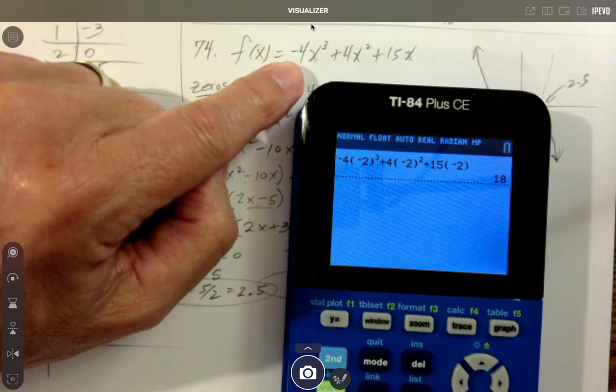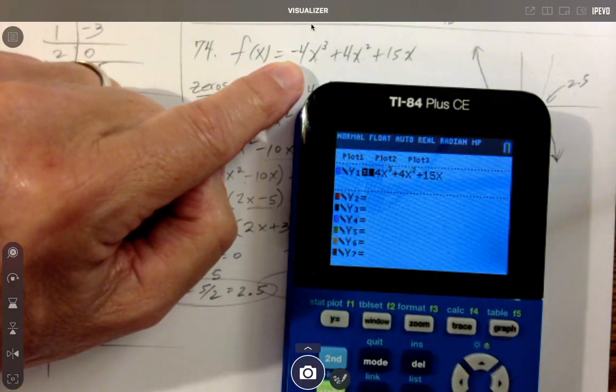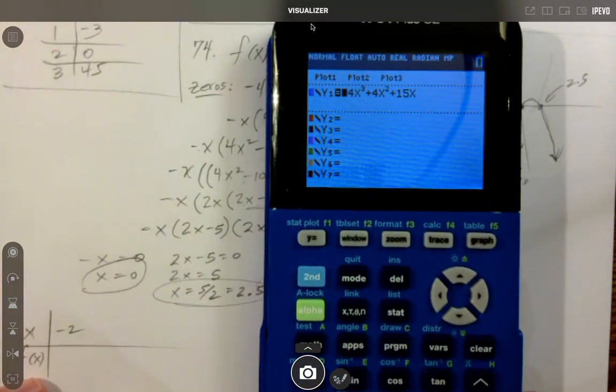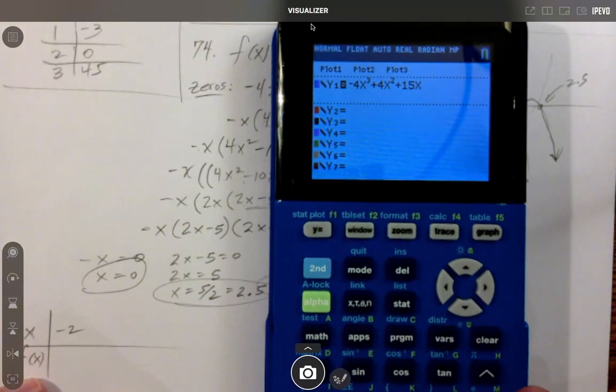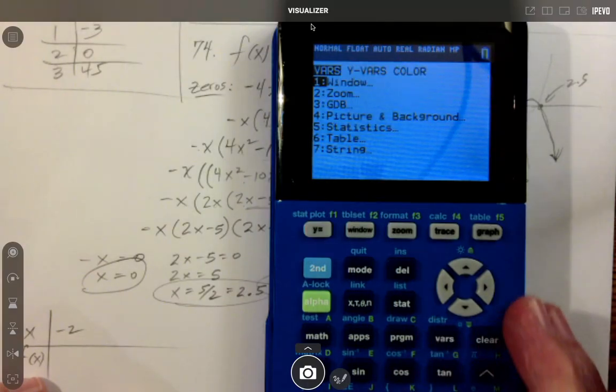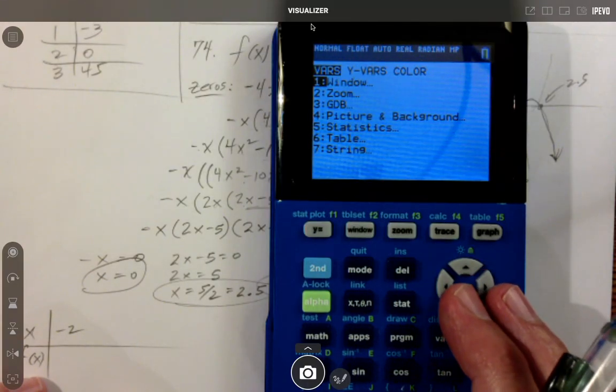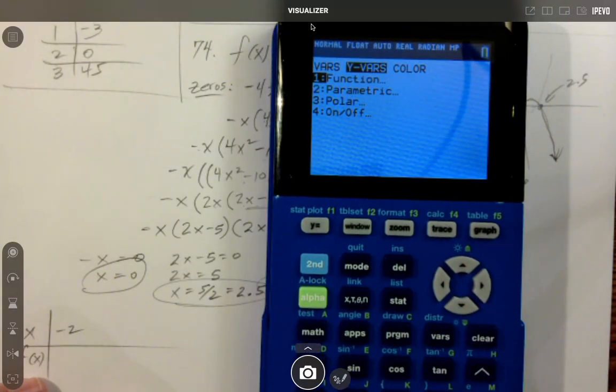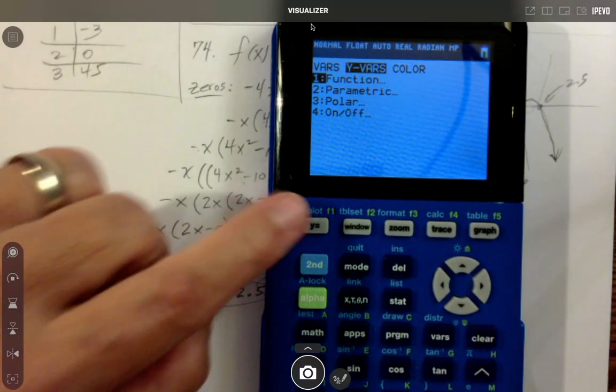Now watch this. Remember, I put that in y1, right? So on the calculator, where is it? Variables, vars. And you go to y variables, because we put this in y1, remember?